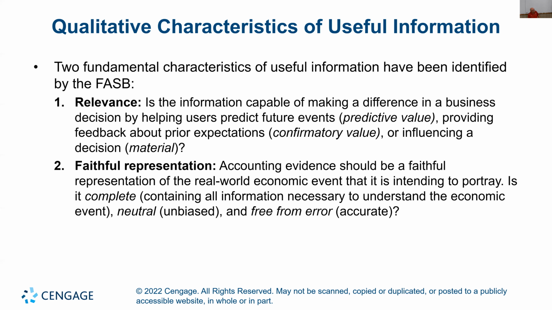And finally, for it to be relevant, it has to be material. Material is one of the hardest things to understand in accounting because it's all based off of professional judgment. What materiality means is, if this information was omitted and we did not tell you about it, would it affect the decision that the users were making.